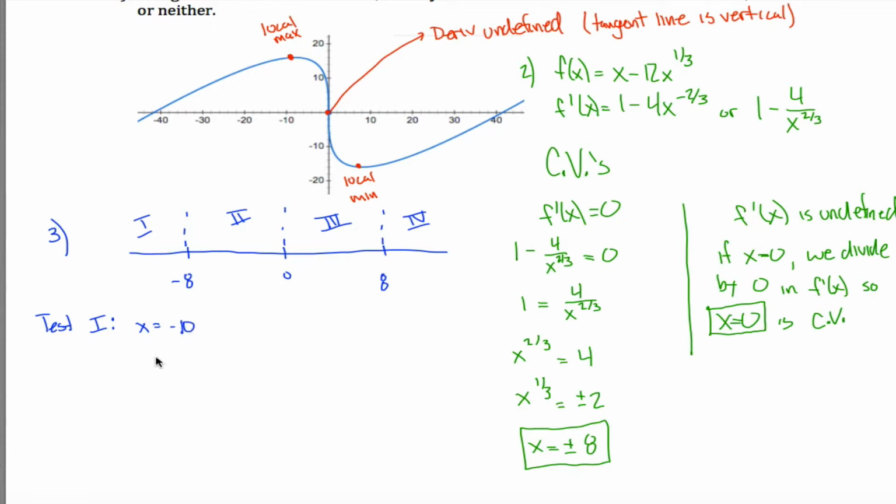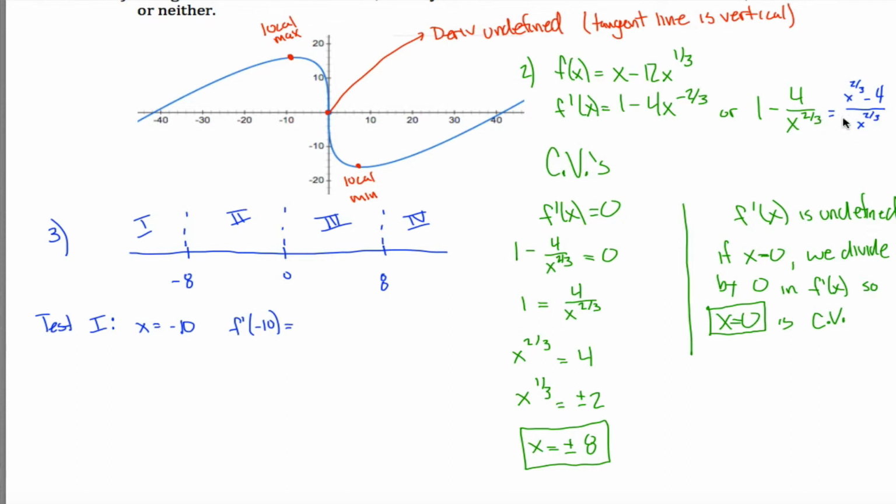Negative 10, so I got f prime of negative 10 would be equal to, which of these forms is the easiest to look at? I think it might help to have yet another of these forms. I could say this is x to the 2/3 minus 4 divided by x to the 2/3.